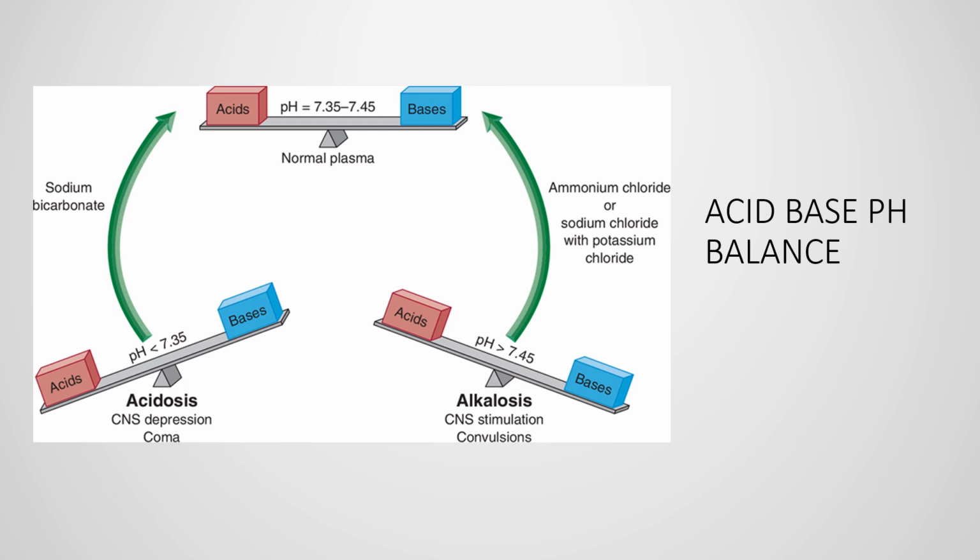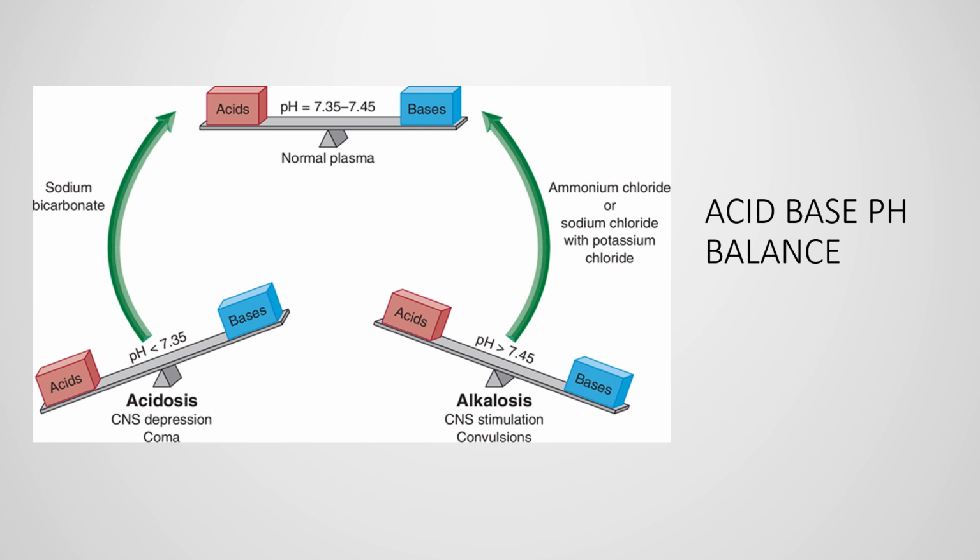What about the opposite, alkalosis? You're going to see that not many conditions produce alkalosis or a high pH. What could we do if we had a situation where the pH was too high?